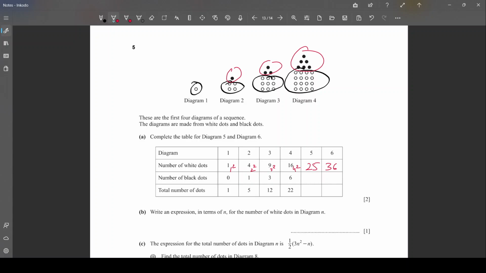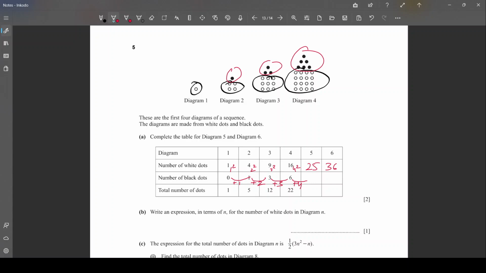The number of black dots are given as 0, 1, 3, 6. So for the next term, here we have plus 1, here plus 2, in this case plus 3, 3 plus 3 is 6, and here it should be plus 4 because we are following like that.